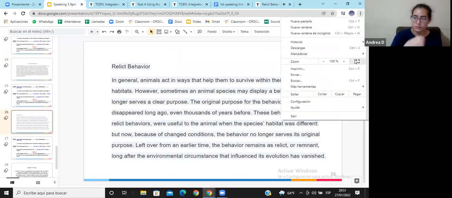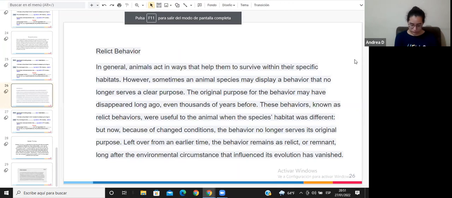Now listen to part of a lecture in a biology class. Okay, so a good example of this, found right here in North America, is something an animal called the American pronghorn does. Pronghorns, as you may know, are a kind of deer-like animal. They live out on the open, grassy plains, somewhat in the middle of North America.